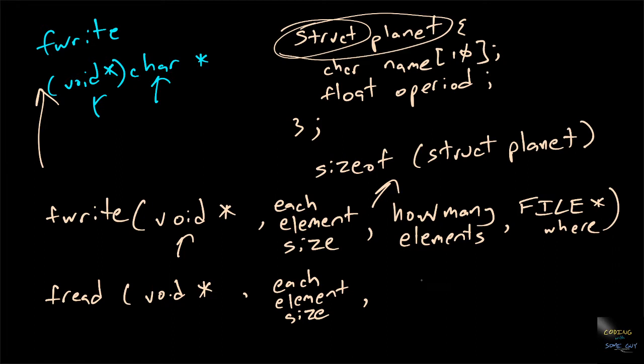And again, how many elements, and again, a file pointer, which is where. So this is all basically identical when reading and writing. That's a little different from some of the string operations, but that's okay. So does that make sense? This is the high level.